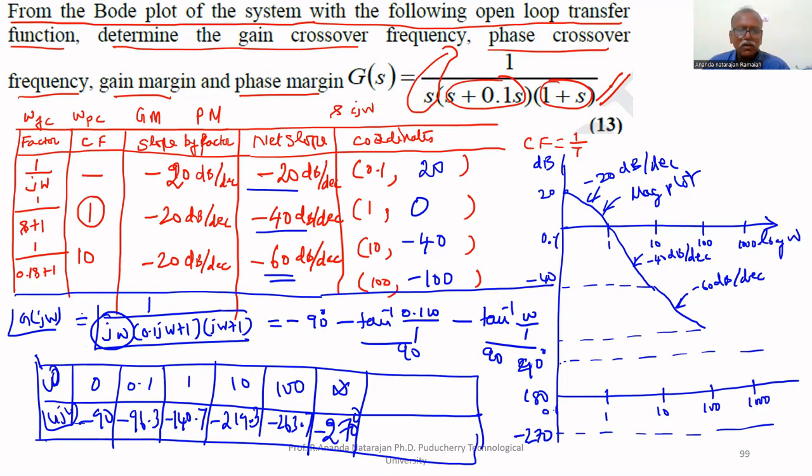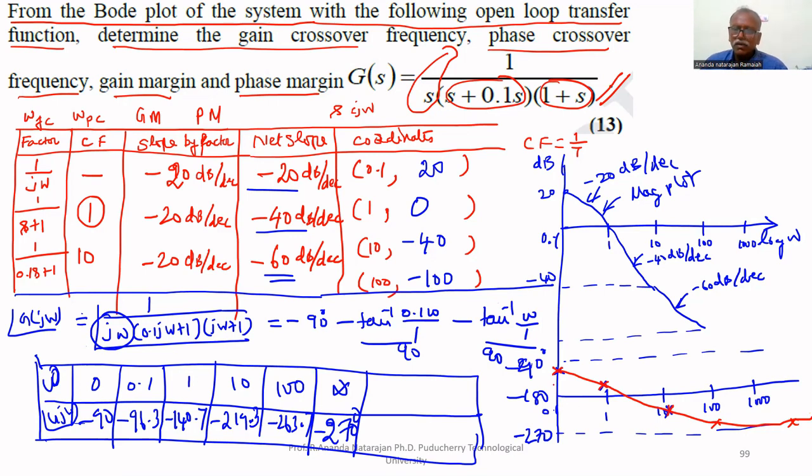At 0.1, the angle is minus 96, at 1 it is minus 140, at 10 it is minus 219, at 100 it is minus 263, and at infinity minus 270. So the plot will be like this.